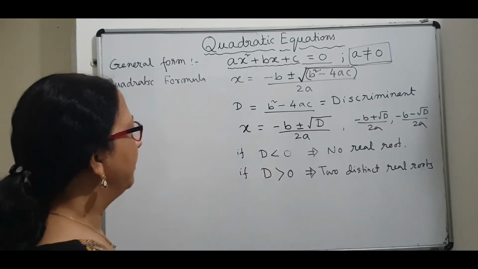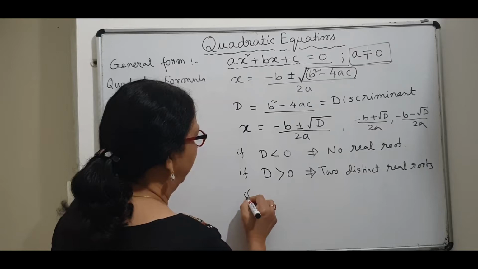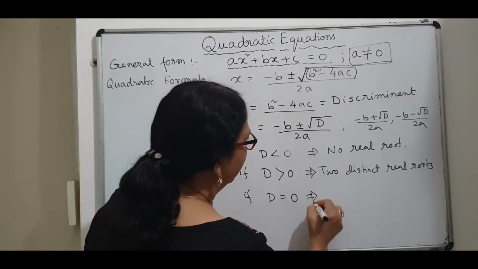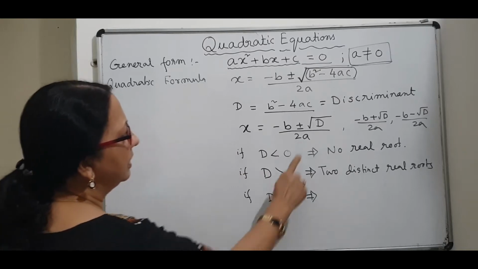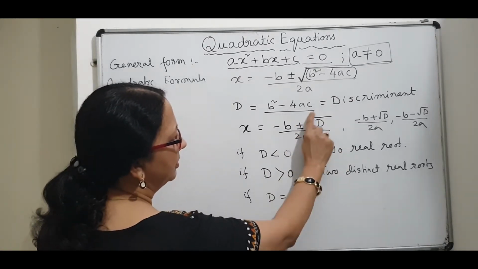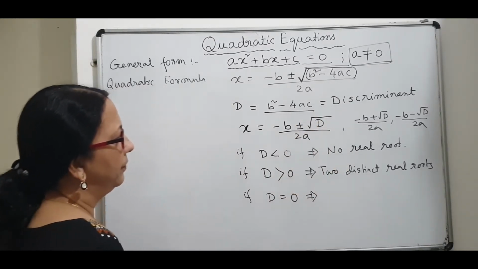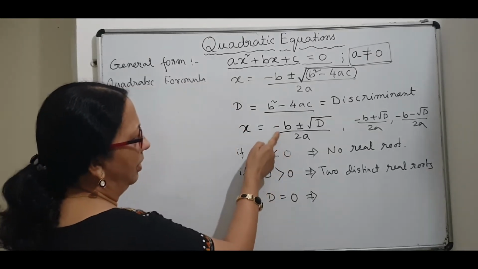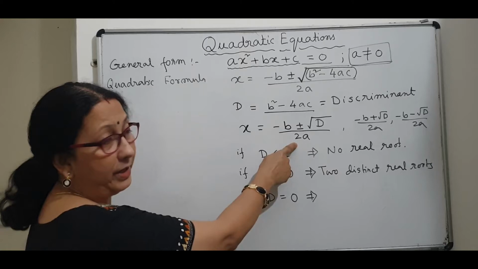And thirdly, if D is equal to 0, then what will happen? This part will vanish, so the root will be minus b by 2a.